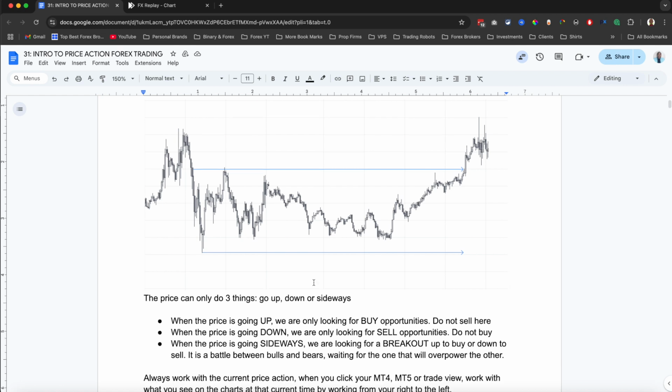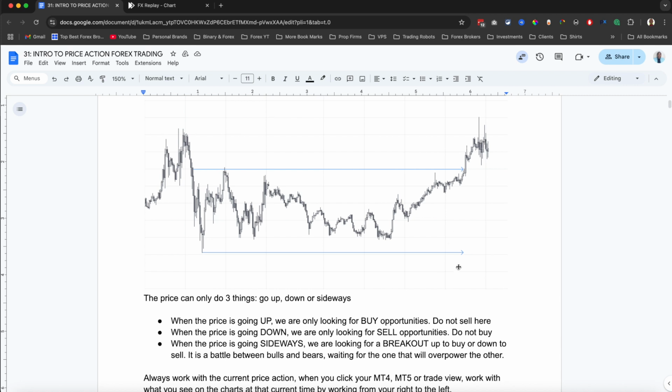And if the price goes sideways, then we don't do anything. Here the price was going sideways like this, we were not doing anything, we were waiting for a breakout. This brings me to the third point: when the price is going sideways, we are looking for a breakout. If it has broken up, then we are looking for buy opportunities.